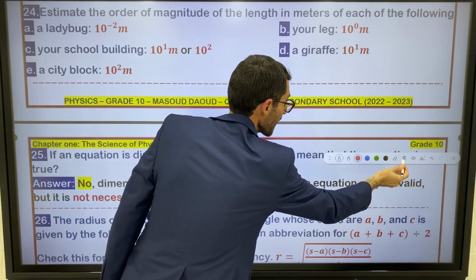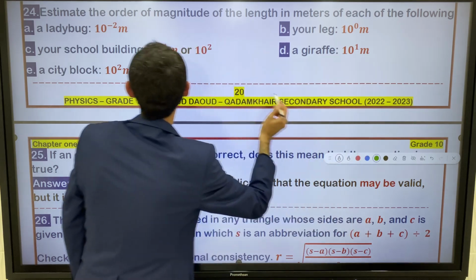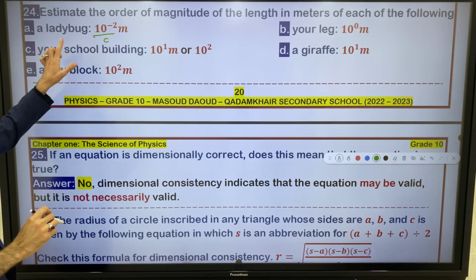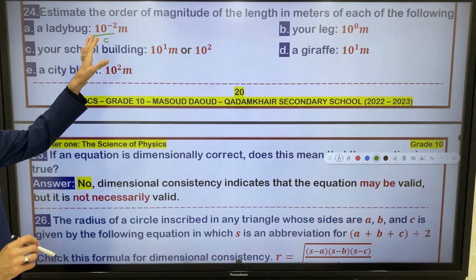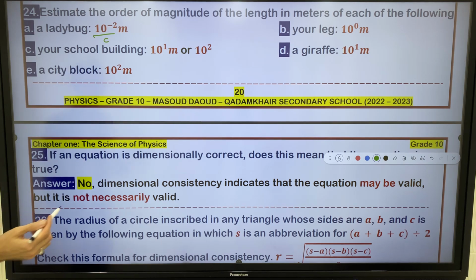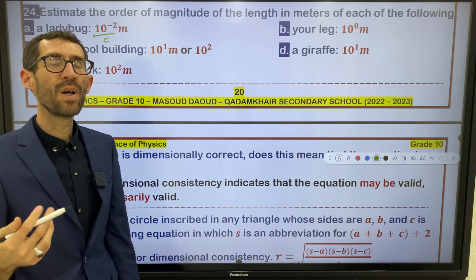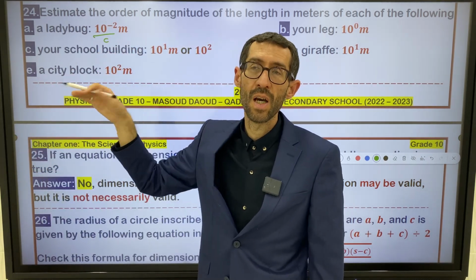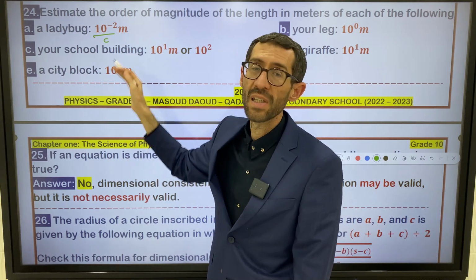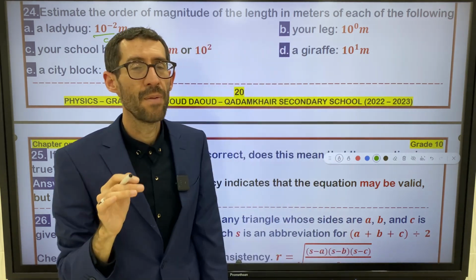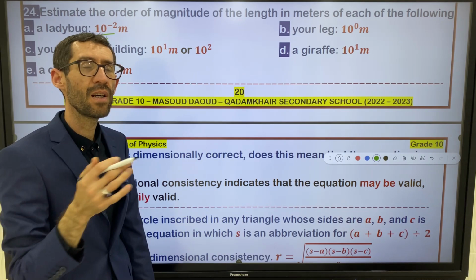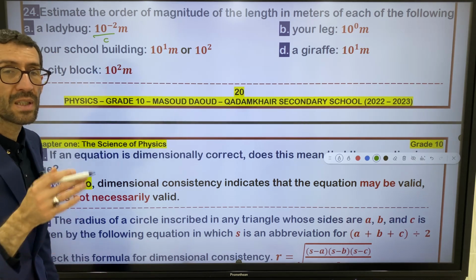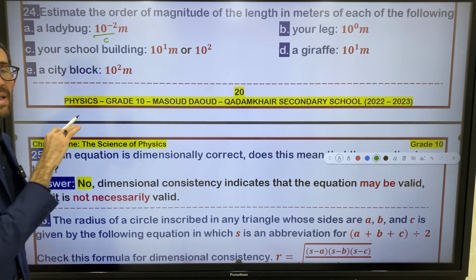So that means centimeter, right? A ladybug, 10 to the power negative 2 meters. If I change the question from ladybug to housefly, cockroach, or locust, any other insect, you have to write 10 to the power negative 2 meters, right? It's measured in centimeters.